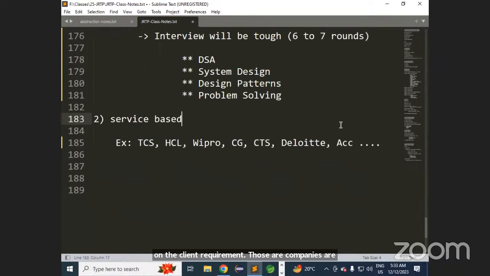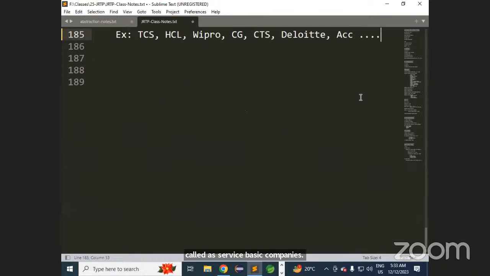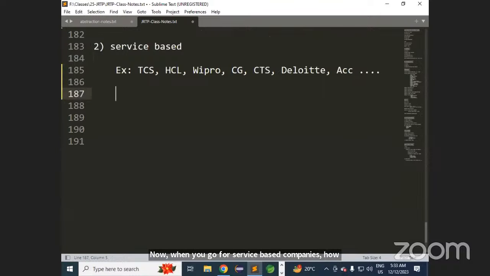Now, when you go for service-based companies, how much package can we expect? Okay. So how much package are they going to offer? Years of experience multiplied by 4 to 5 lakhs. Okay. Years of experience multiplied by 4 to 5 lakhs package you can expect when you go for a service-based company.